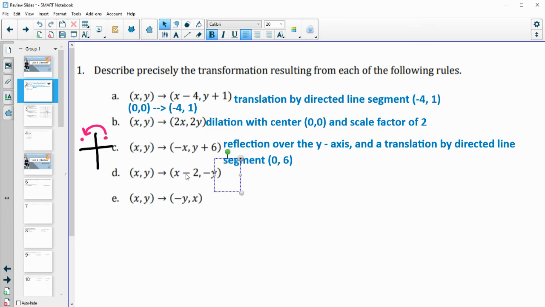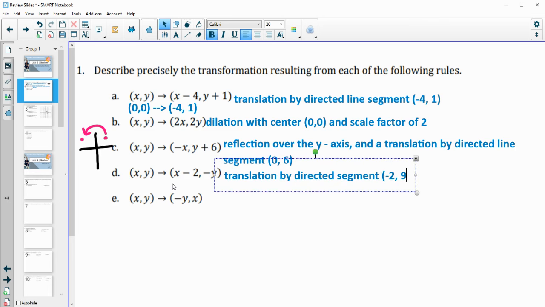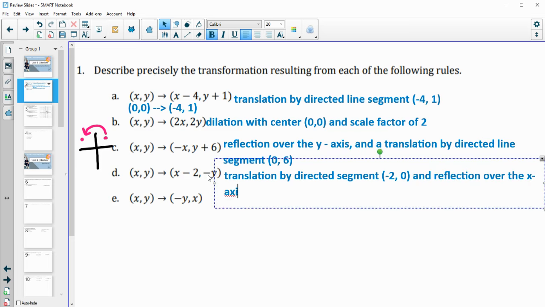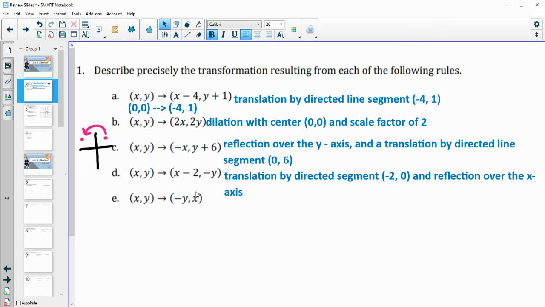Part D has a translation by directed segment -2, 0. And it also has a reflection. We see that this y is negative, so it's a reflection this time over the x-axis, since the y coordinate is negative.